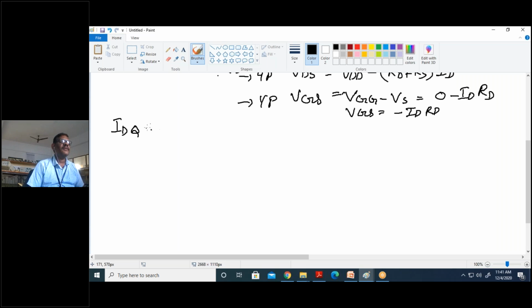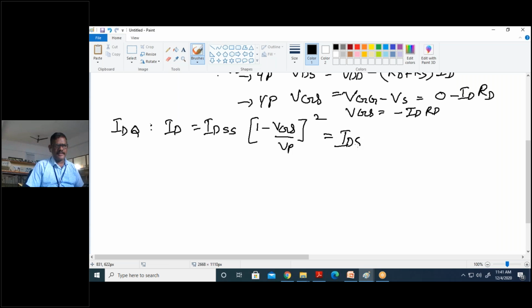IDQ is equal to IDSS into 1 minus VGS by VP whole square, that is equal to IDSS into 1 plus ID RS by VP whole square.